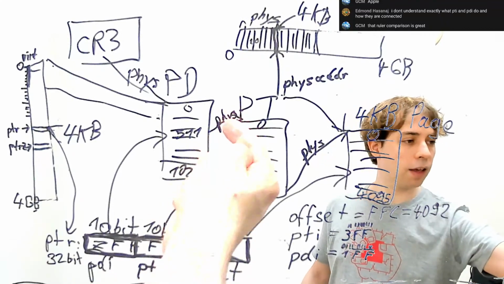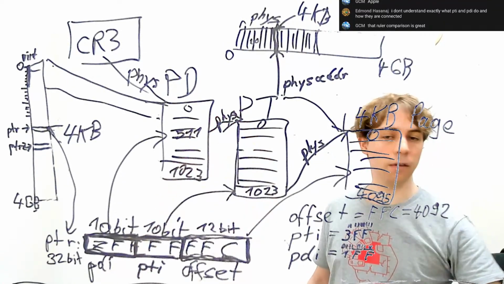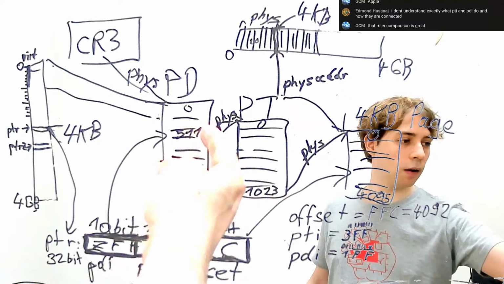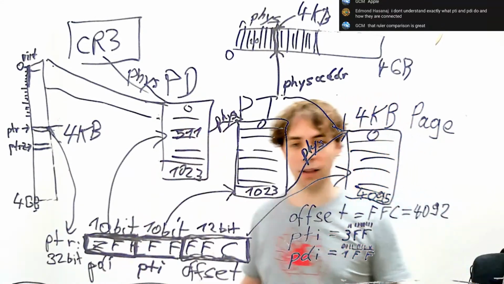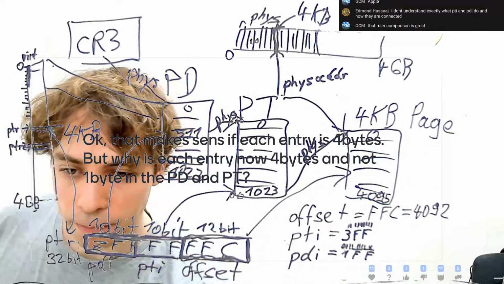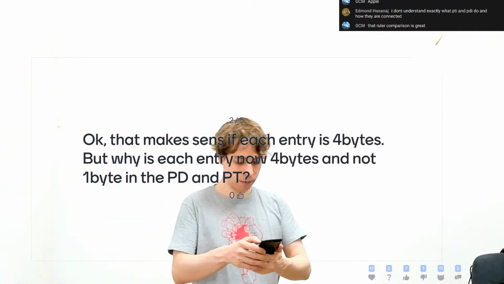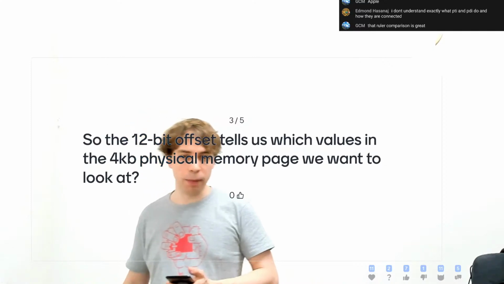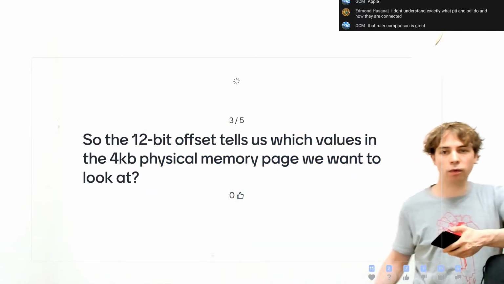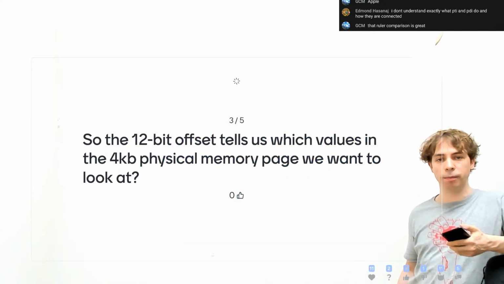So the physical address has to be 32 bits, and that takes 4 bytes. In 1 byte it just would not fit.